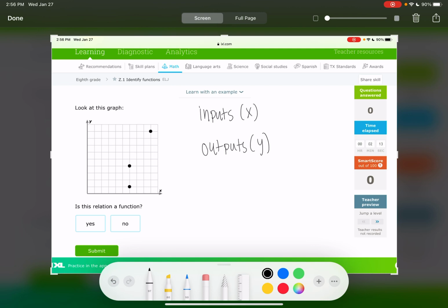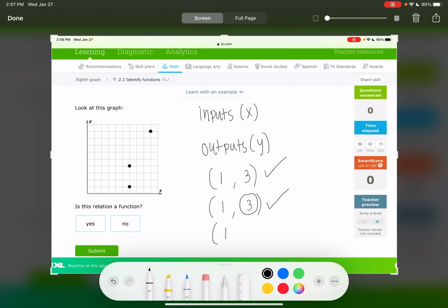And for each input, you can only have one output. For example, if I have an input of 1 and my output is 3, then if I have another input of 1, my output has to be 3.